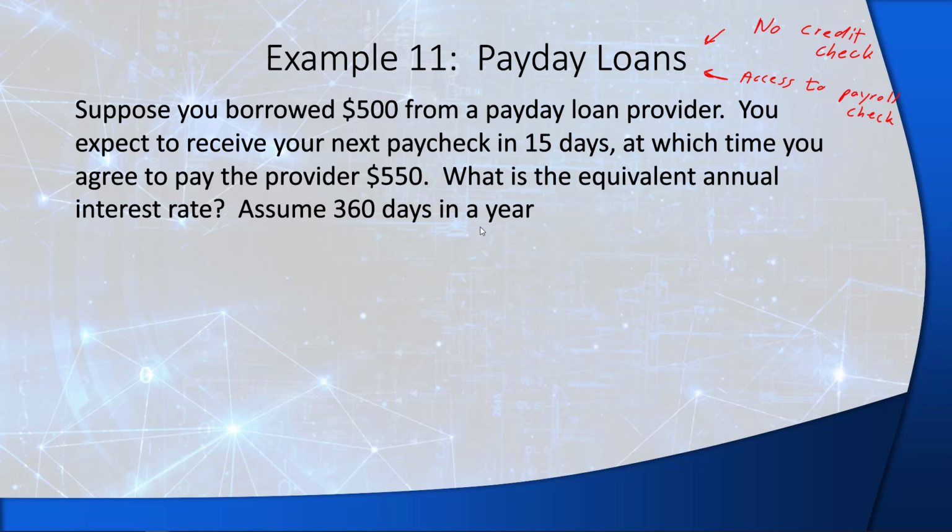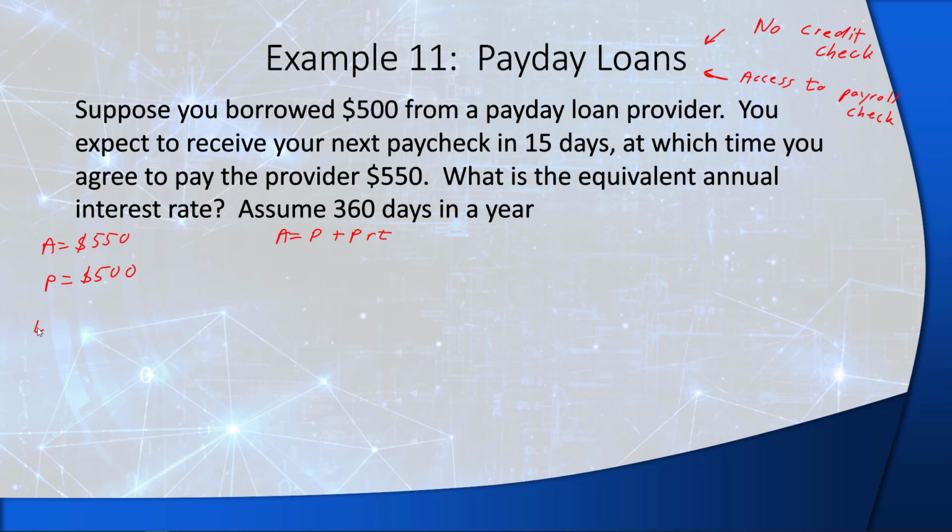Well, once again, we can find that by using our simple interest equation, this one, where A is equal to P plus P times RT. Okay? Well, A is $550. P is going to be $500.